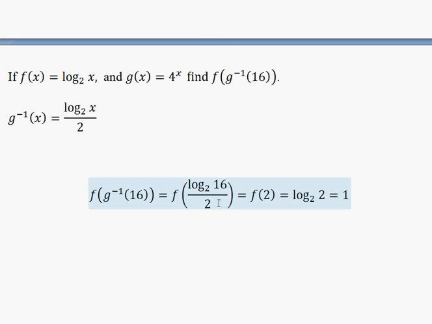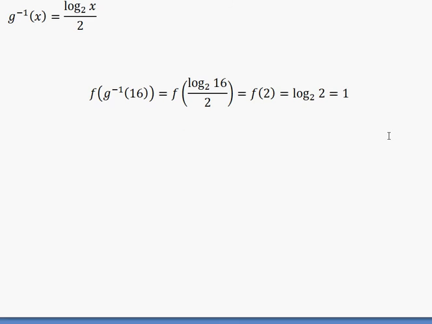Well, log base 2 of 16 says 2 raised to what power is equal to 16. This actually is equal to 4, because 2 raised to the 4th is 16. So this is just 4 divided by 2, which means it's f of 2. If I put 2 in here, I get log base 2 of 2. 2 raised to what power is equal to 2? 1. And that's it for that set of problems.